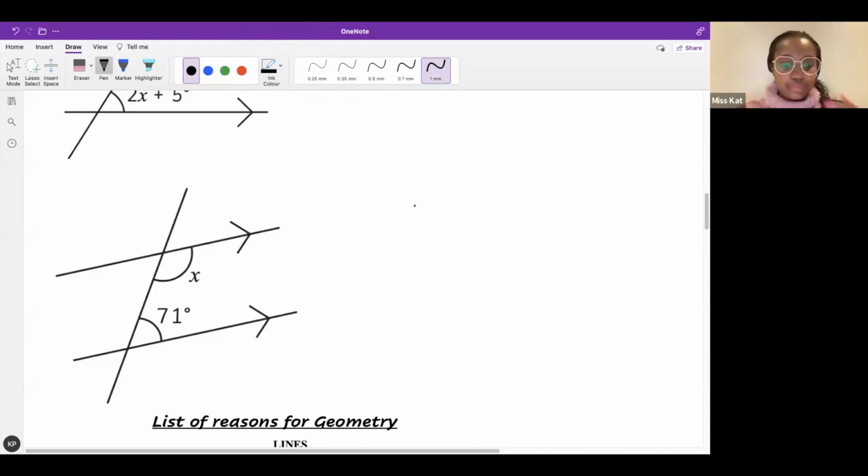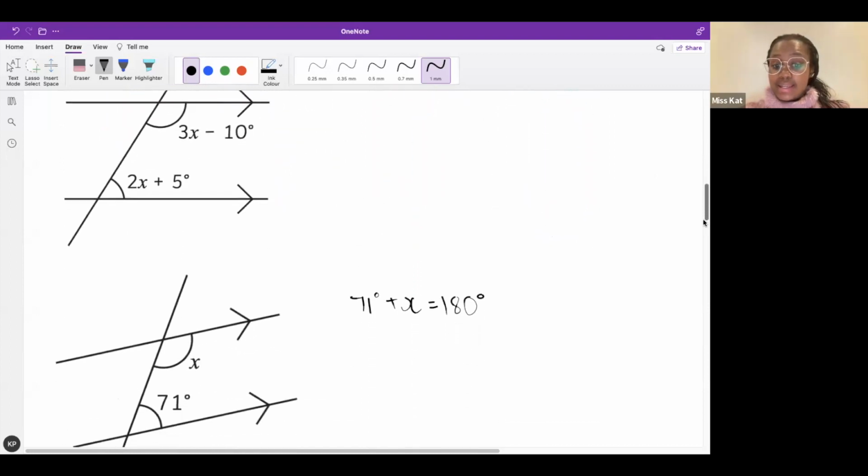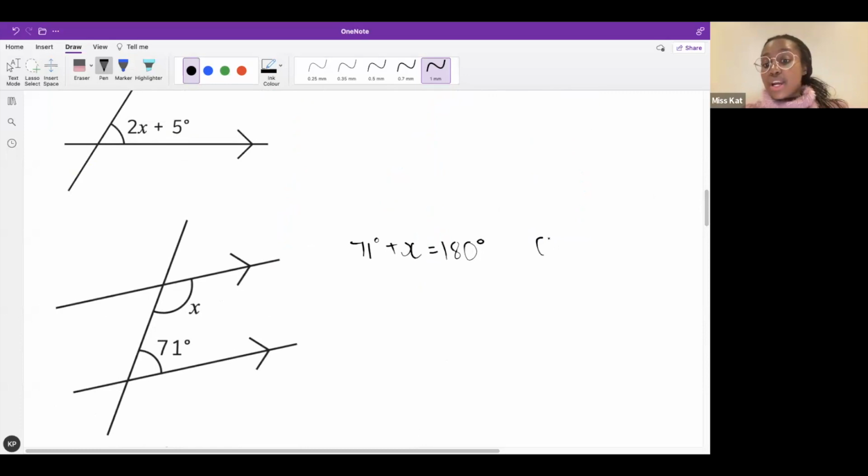Okay. 71 plus X equals 180 degrees. My reason? It says co-interior angles, okay.